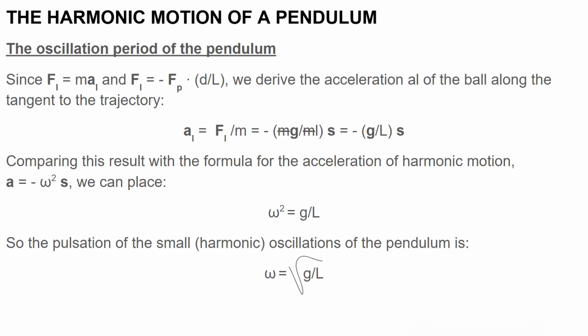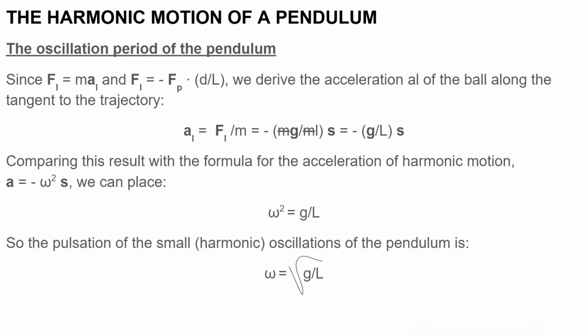Comparing this result with the formula for the acceleration of harmonic motion, a is equal to minus omega squared times s, we can set omega squared equal to g divided by L. Omega is the pulsation of the small oscillations of the pendulum.